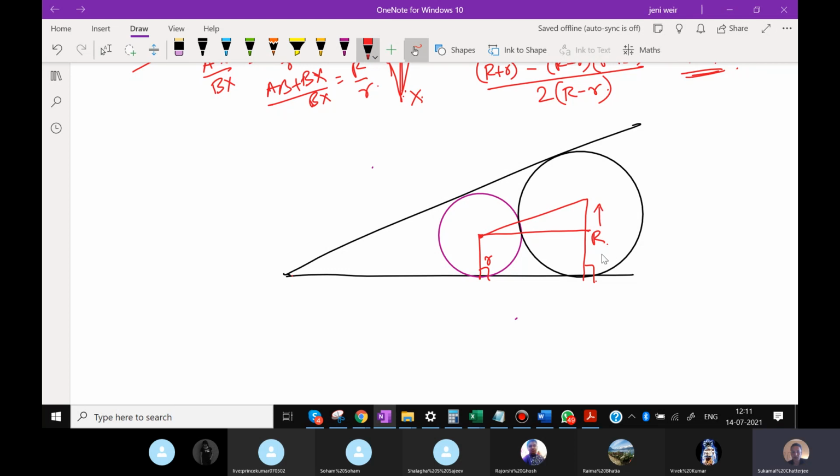So this is your capital R, this is your small r. So that means this distance plus this distance, which is R minus r, and this distance will be R plus r. So this distance, if I call it d, then d square equals 4R into r, right? Right?